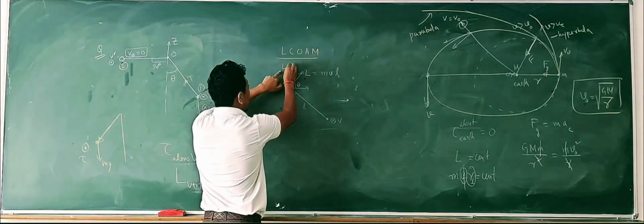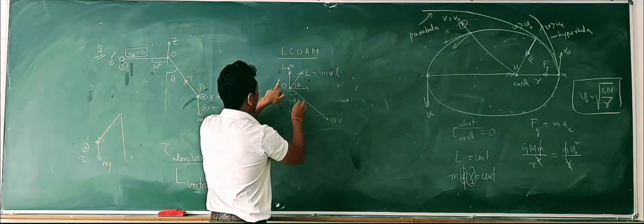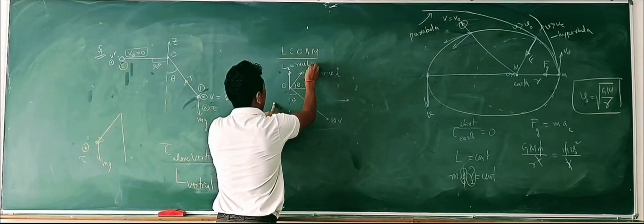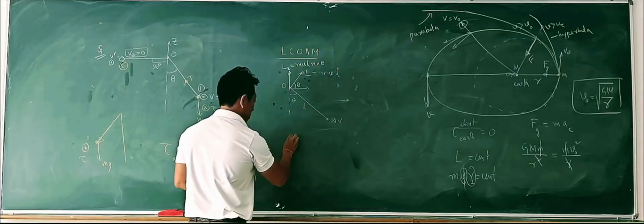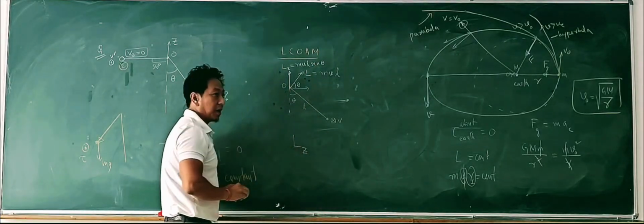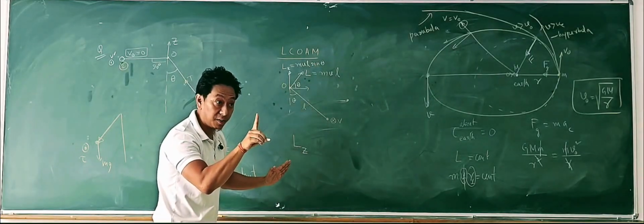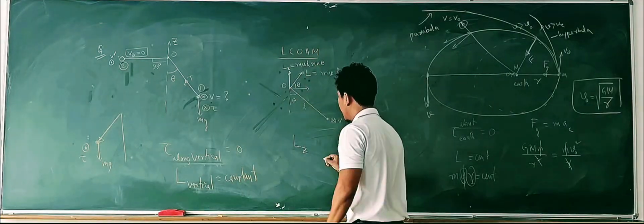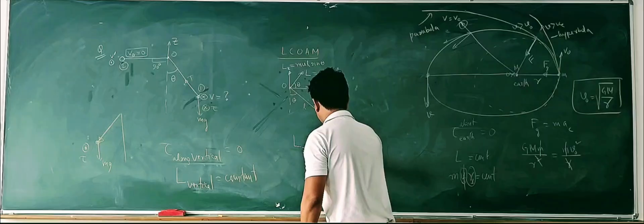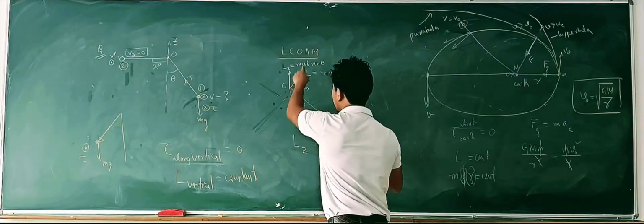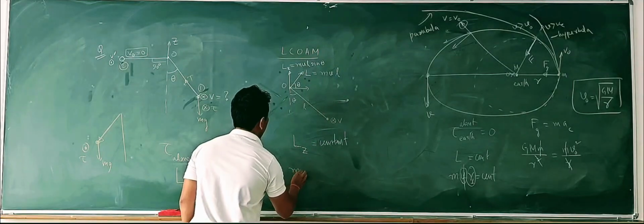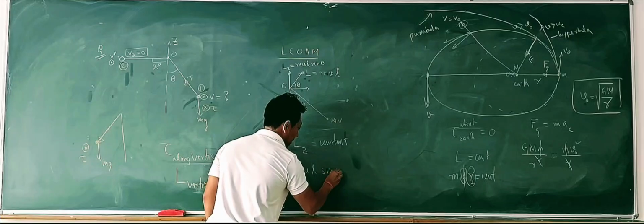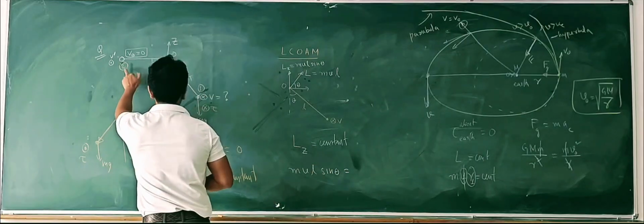So what will be this component of angular momentum in vertical direction? MVL sin theta. So angular momentum along vertical, that is conserved, remember, not this one. This should be constant, I told. So when it was here, what is the angular momentum? MVL sin theta.